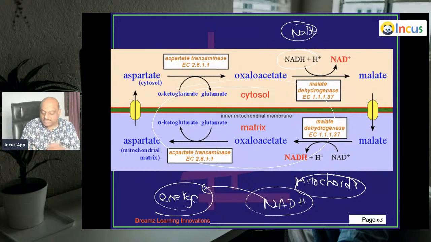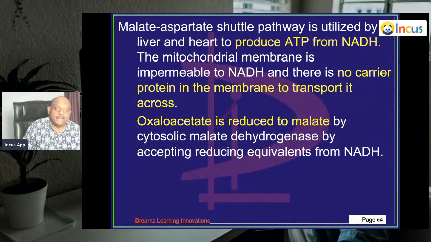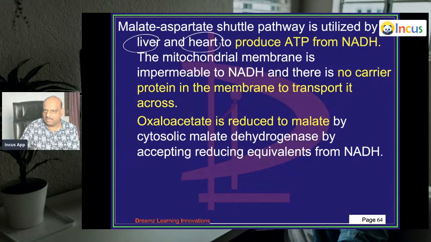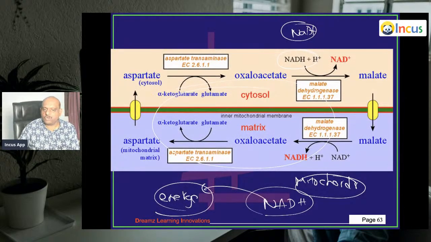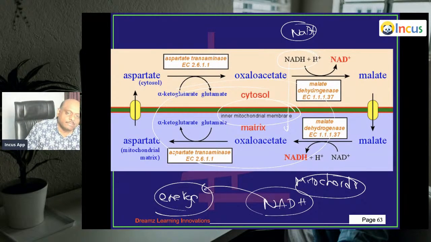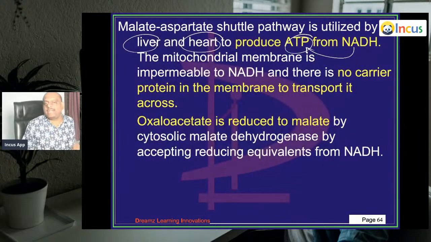That's how all the shunts came into place. Malate aspartate shuttle is utilized in liver and heart, so that NADH is converted into ATP. The main challenge is this mitochondrial membrane: if NADH wants to come into the mitochondria from cytosol, it won't let it come. So it requires a carrier.